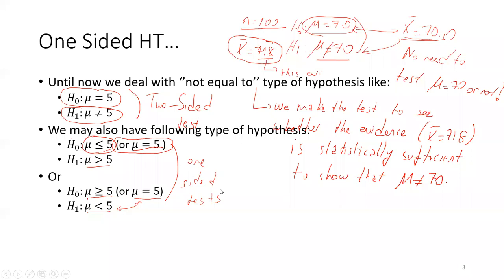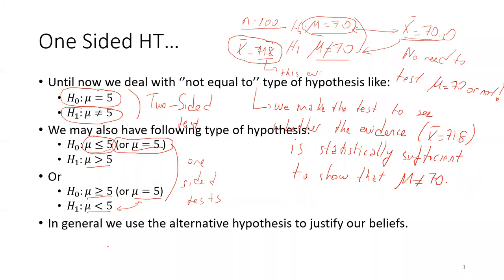In general, we use the alternative hypothesis to justify our beliefs. So what does this mean? For example, if you believe that the real mean is greater than 70, what you do is you put this into the alternative one.